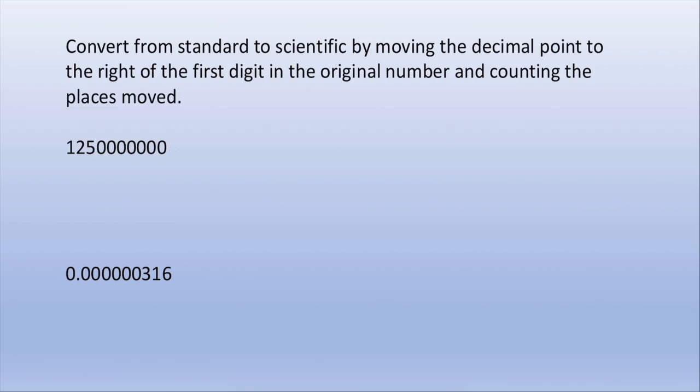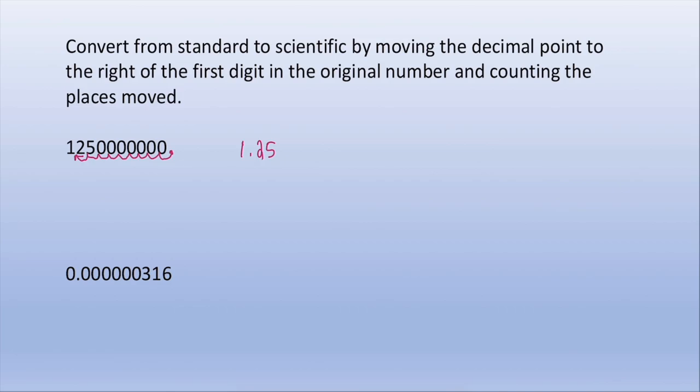Okay, so here's your decimal point. We're going to count 1, 2, 3, 4, 5, 6, 7, 8, 9 to put the decimal place so that our front number is between 0 and 9. So we're going to get 1.25. So I'm going to write that first part to remind us. And then we're going to count again.